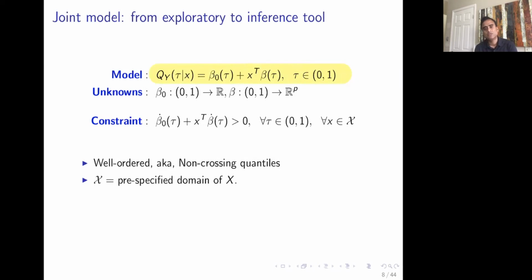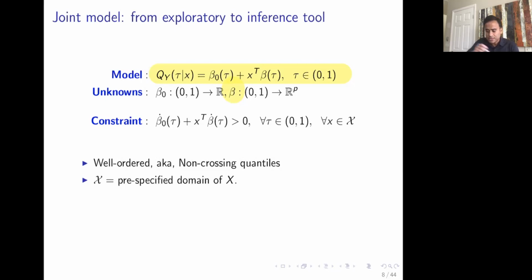So of course, now your model parameters are function valued. The intercept parameter beta 0 is a function of the quantile level. Your slope parameters are functions. There are p-many functions hidden here. So each predictor has its slope function, again, a function of the quantile level.